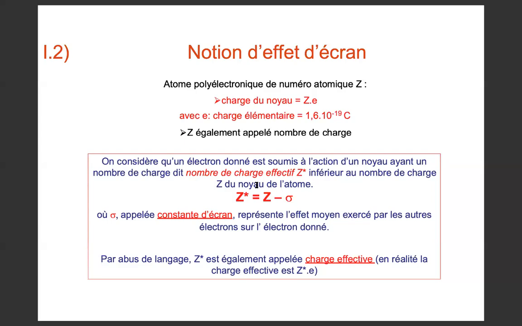Like when you have an atom, just represent it with something. Say we have sodium.